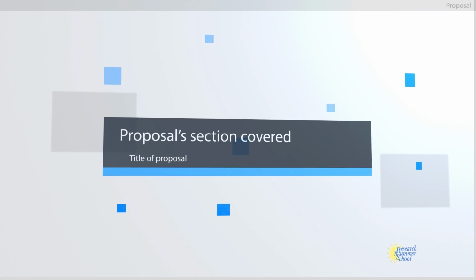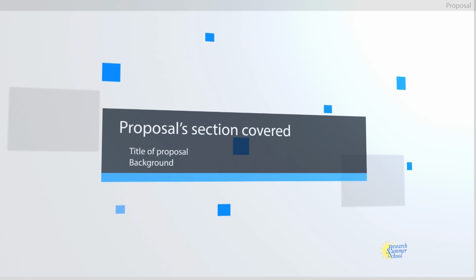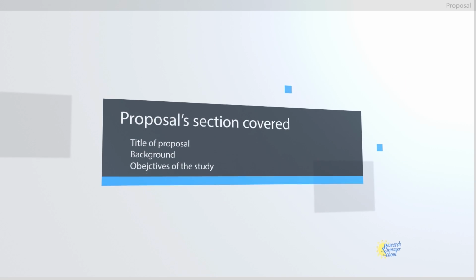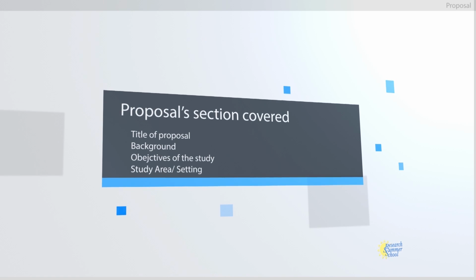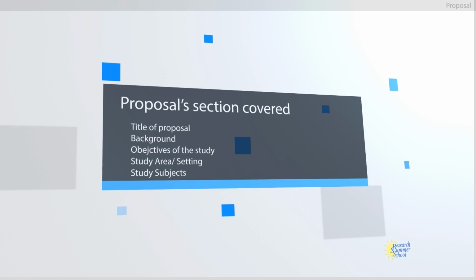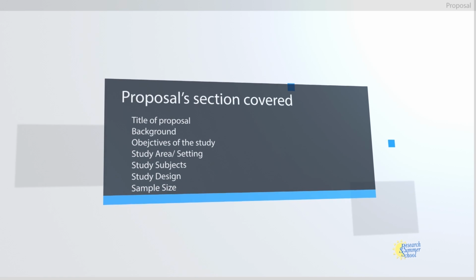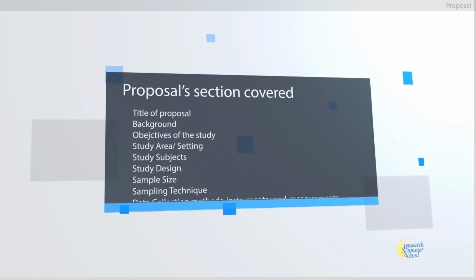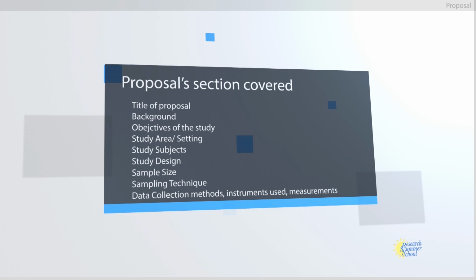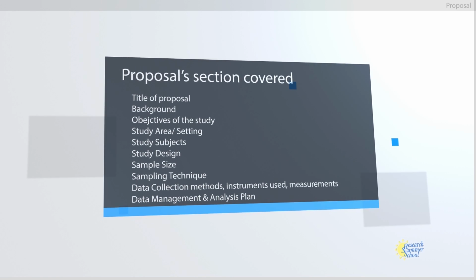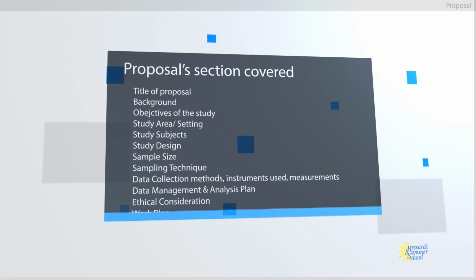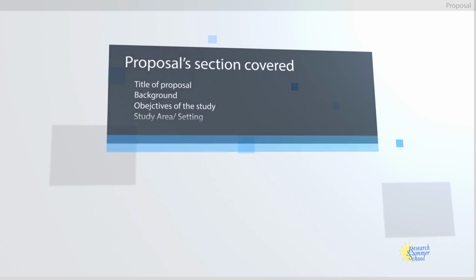More specifically, whether you're writing that proposal for the research summer school or for your own university or perhaps for an NIH when you become a famous researcher, that set of components include the title of the proposal, the background, the objectives of the study, area and setting, the study subjects, the study design, the sample size, sampling technique, data collection methods and instruments used and measurements, data management and analysis plan, ethical consideration, work plan, and budget.